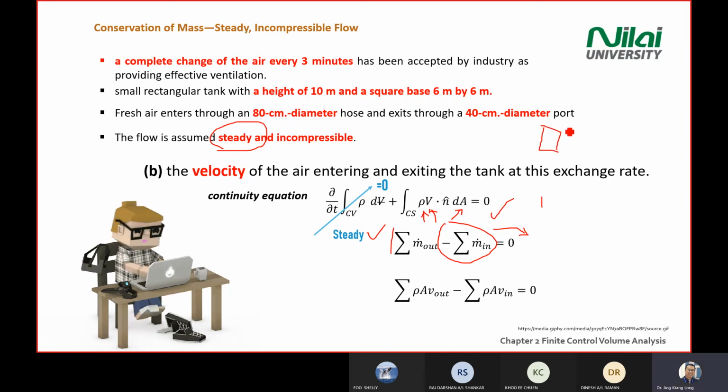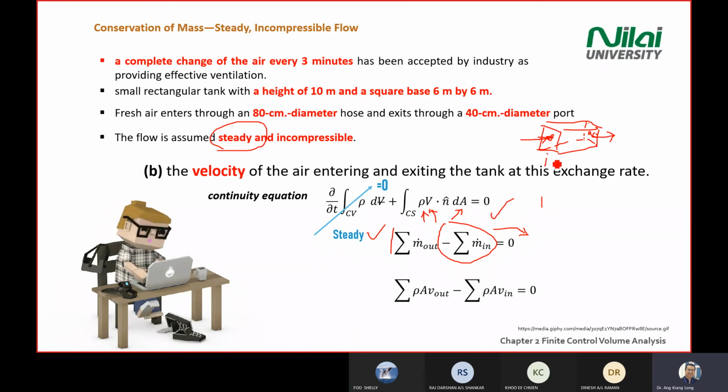Why are there two, in and out there? Because in this question, you are already told that you have one point to pump in the air, and then another area, the air will go up. So we assume that the inlet is from this side.